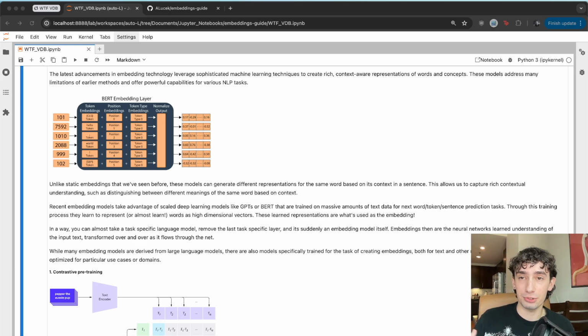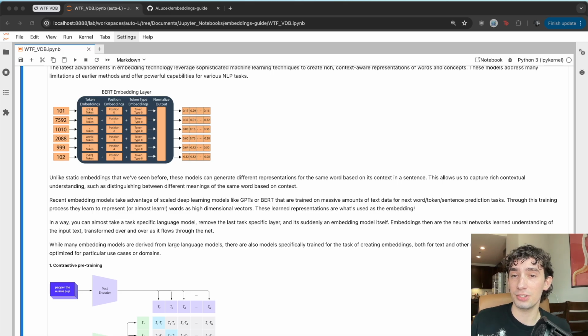And the great part of leveraging these more advanced models specifically designed to do that is that they can generate different representations for the same word based on the context in a sentence. This finally allows us to capture very rich contextual understanding, such as distinguishing between different meanings of the same word based on the context of where it's used, maybe in some piece of content or the sentence that it's in.